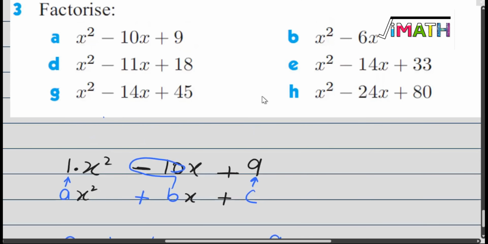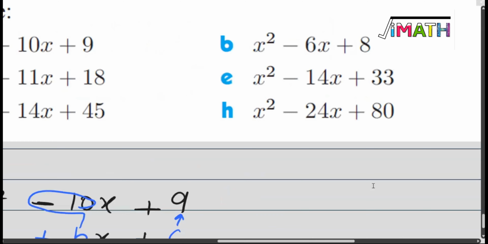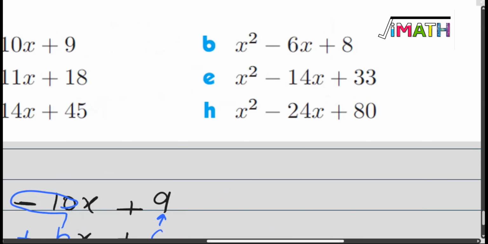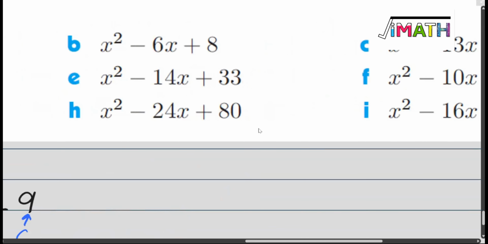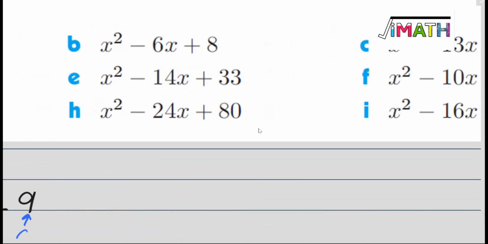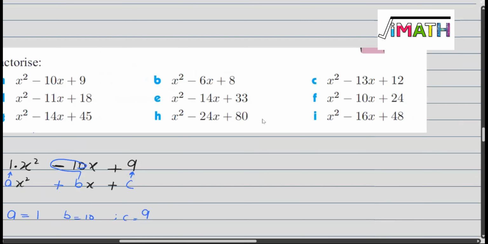So let's apply this thing here for question B. Can you find A, B, and C? All right, so A would be 1, the invisible 1. B would be negative 6, and C is 8. Okay.